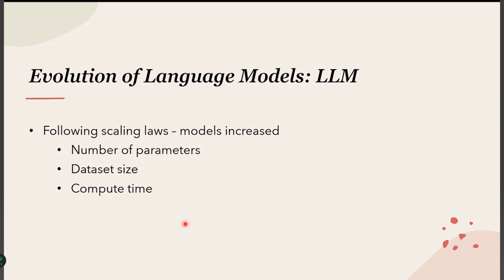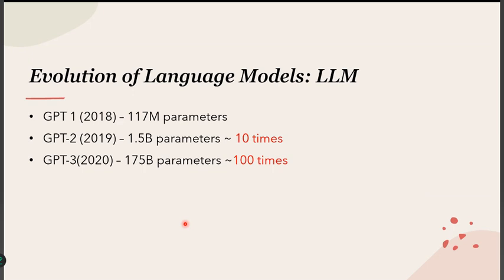I'll just go with a prominent one, GPT. When the first version of GPT came out in 2018, it only had a 170 million parameter model. When the second version came out a year later, it had almost 10 times more parameters, 1.5 billion. The next year, it increased to 175 billion, which is 100 times more than the previous version.